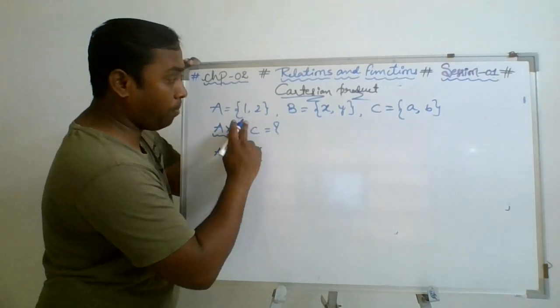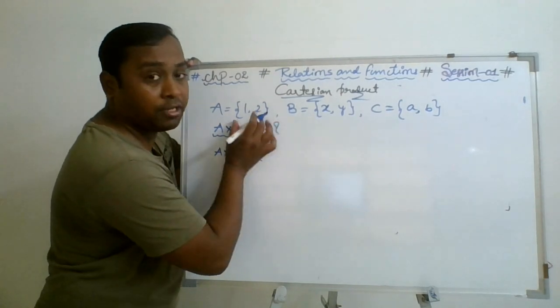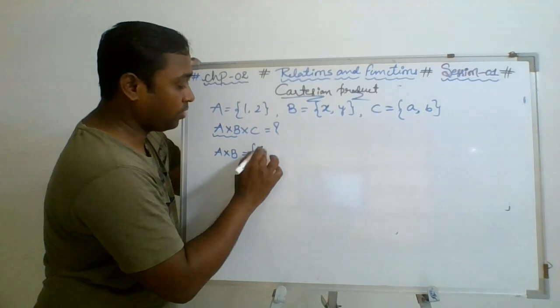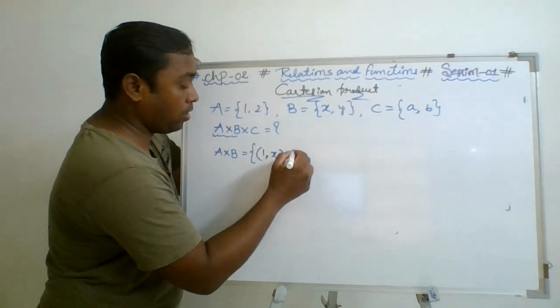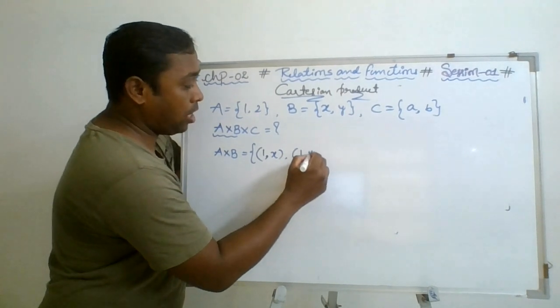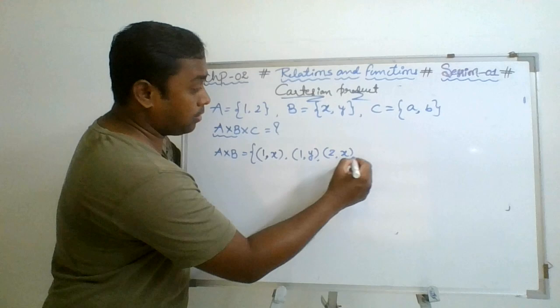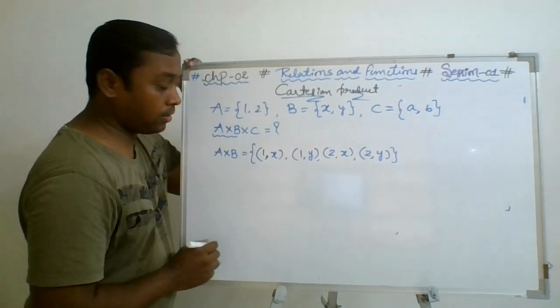So what combinations will come from here? There are two elements here, two elements there, means the total combinations will be 4, their multiplication, 4 ordered pairs. So (1, x) is the first ordered pair, (1, y) is the second, (2, x) is the third, and (2, y). These are the 4 ordered pairs.